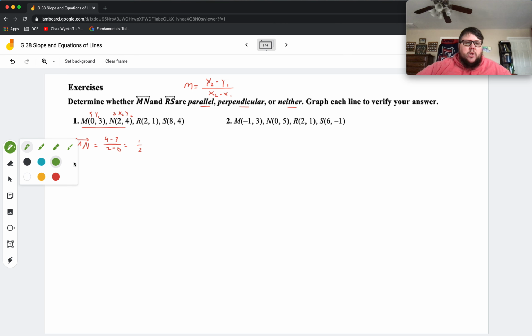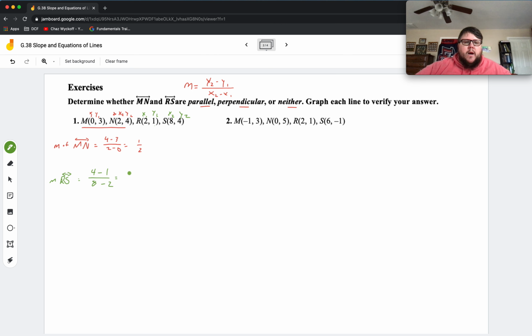Now we're going to find the slope of RS. S is x2, y2. So we get 4 minus y1, so y2 is 4, x2 is 8, and 2 is x1. So 4 minus 1 over 8 minus 2.